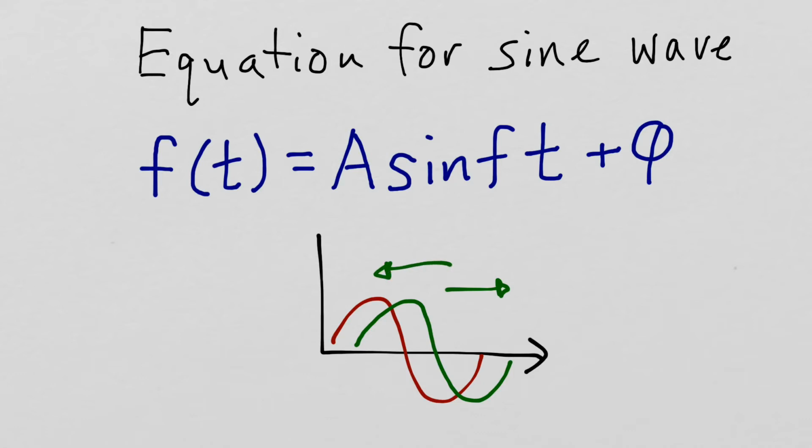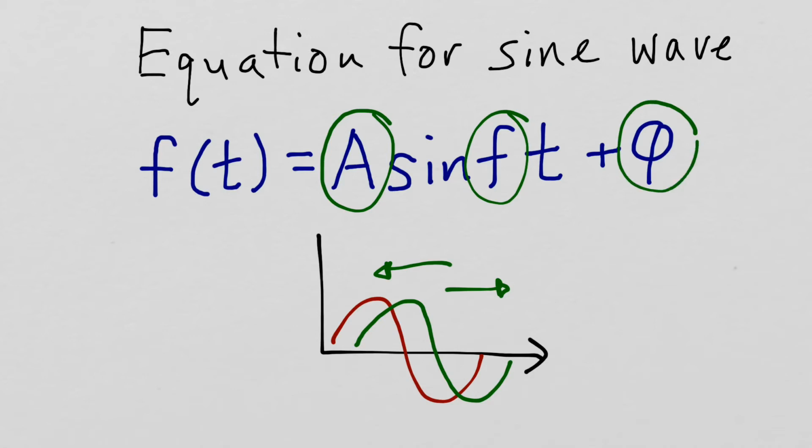That's all it does. But in total, you can see that in order to define a particular sine wave, I have 3 things I need to define: the amplitude, the frequency, and the phase.